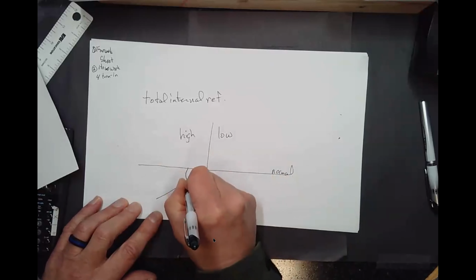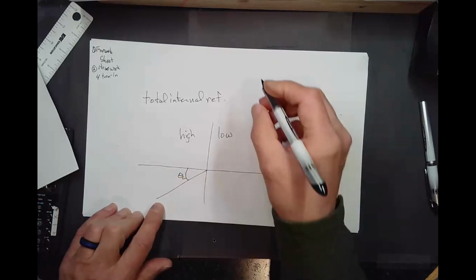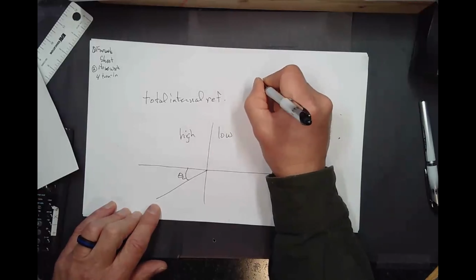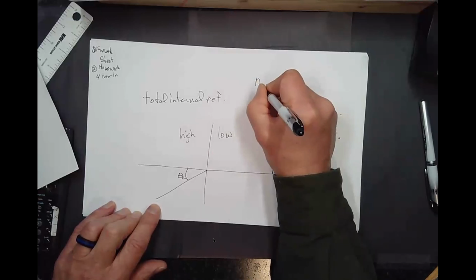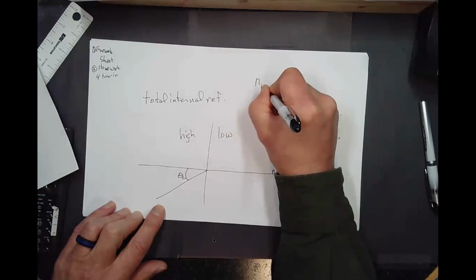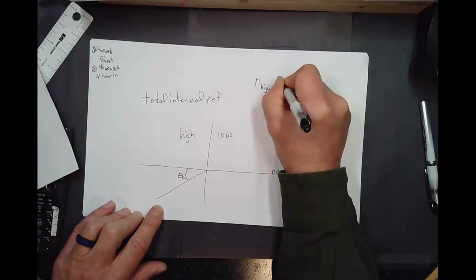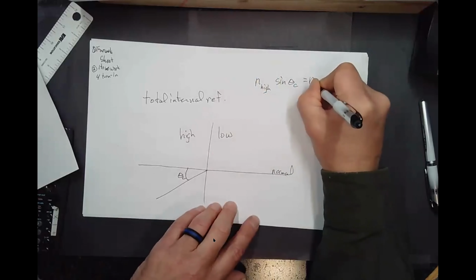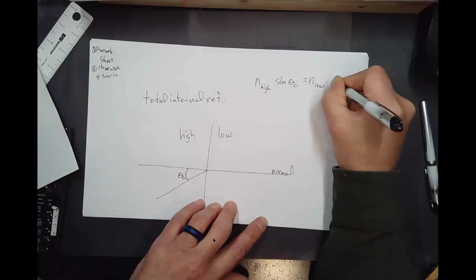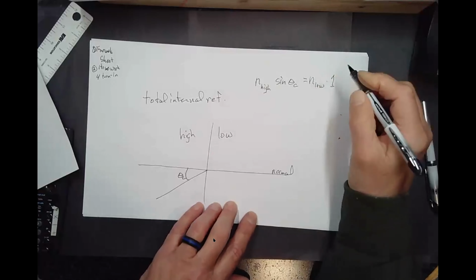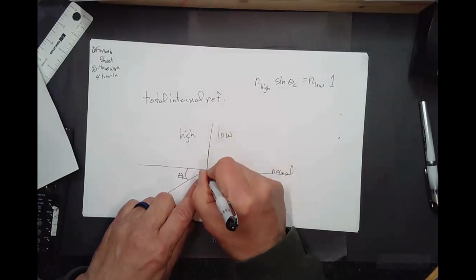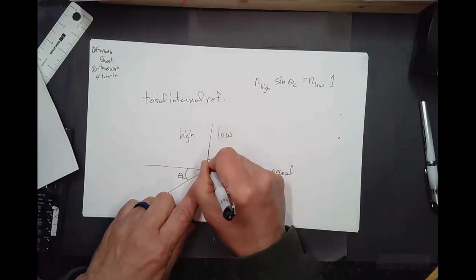And at some point that we're going to define to be theta sub c, what we'll have is that n high times sine of theta c is going to equal n low times 1, because you're going to have a 90-degree angle out here with the normal.